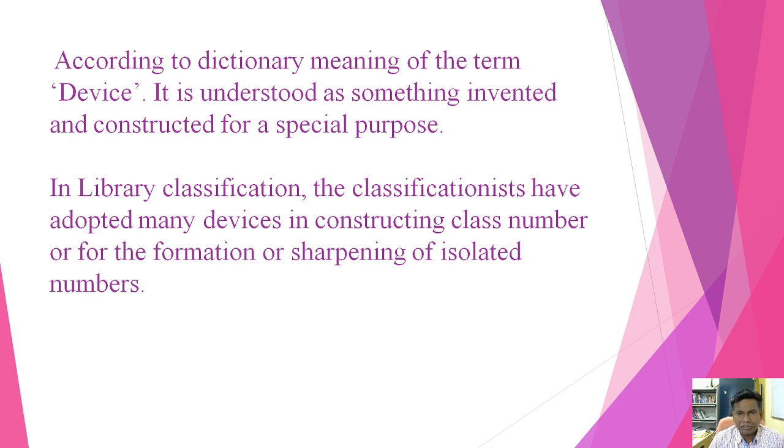According to dictionary meaning, the term device is understood as something invented and constructed for a special purpose. In library classification, the classificationists have adopted many devices in constructing class numbers or for formation or sharpening of the isolate.